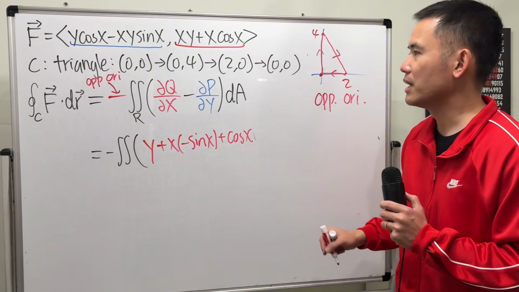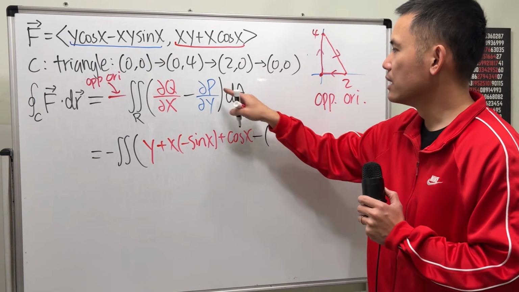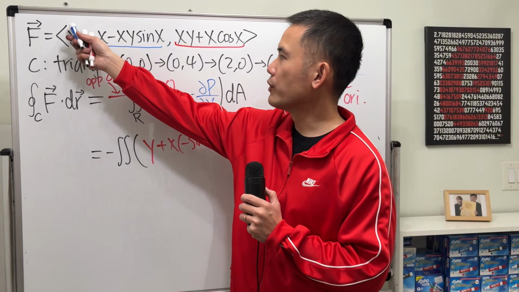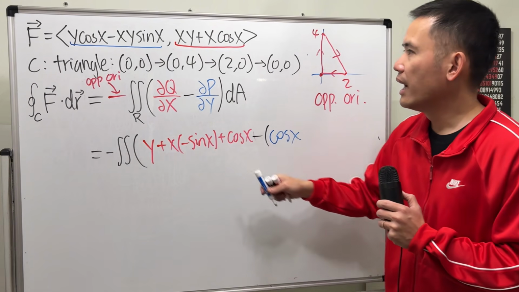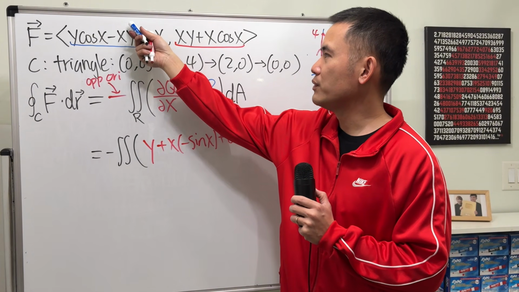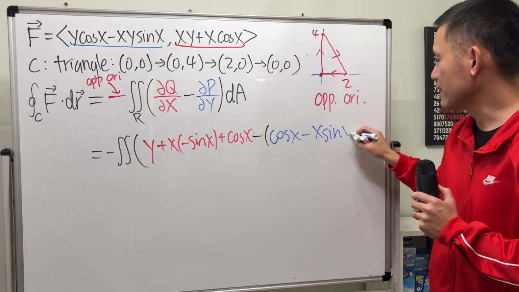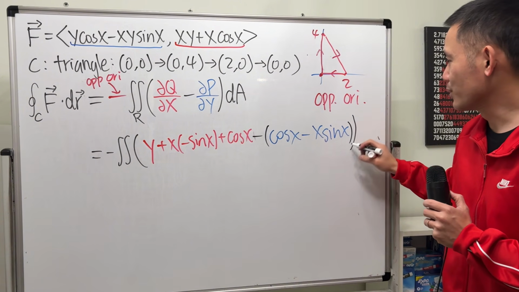So it's just 1, doesn't matter. And then we are going to subtract the partial of P with respect to y. The derivative of y here is 1, so we have cosine x left. And then this is actually really nice, because y is right here. Take the derivative, you get 1. So we have minus x sine x. Quite nice, huh?